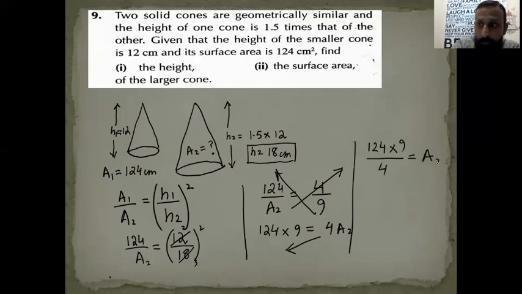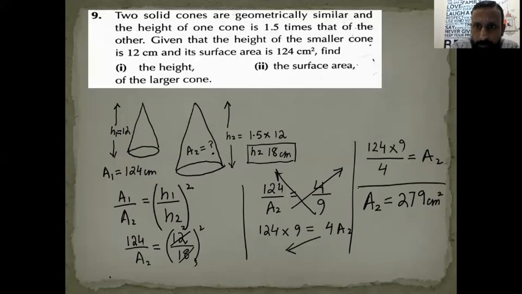Now you have your calculator, boys and girls. You can calculate it by using your calculator. 124 multiplied by 9 divided by 4. So your answer is found to be 279 centimeters square. So I hope this makes sense to you guys.